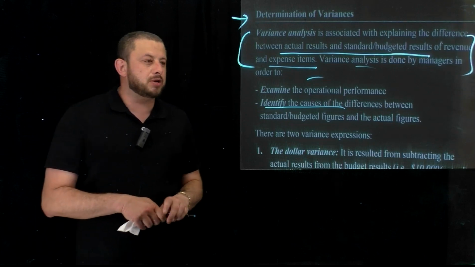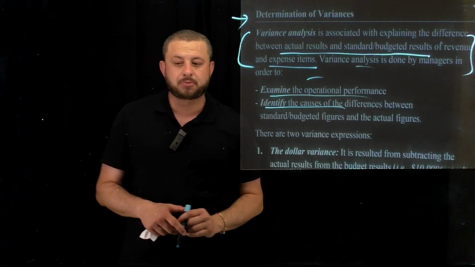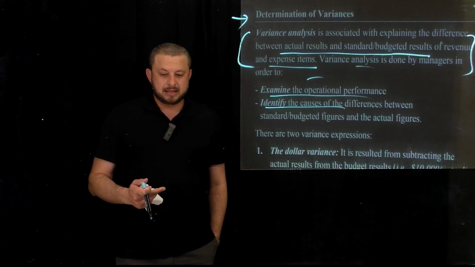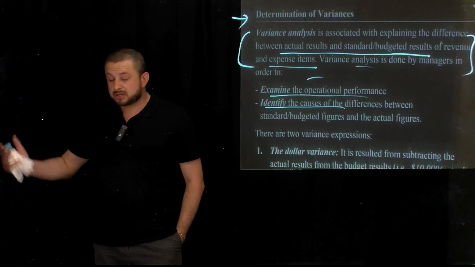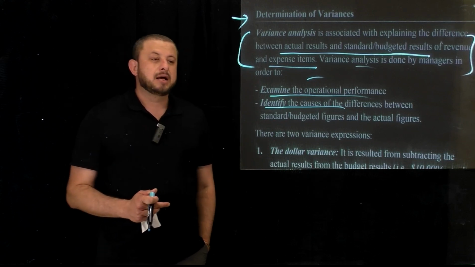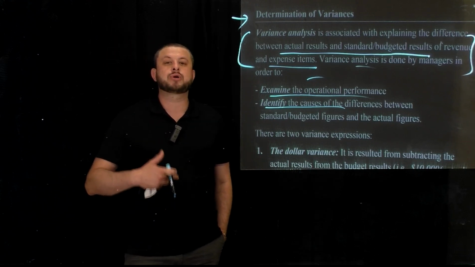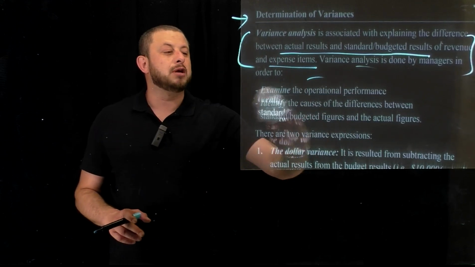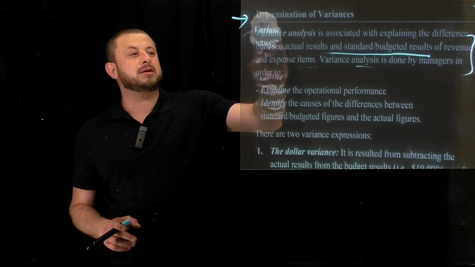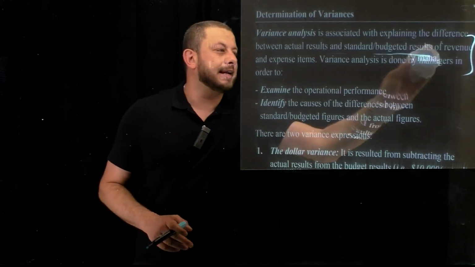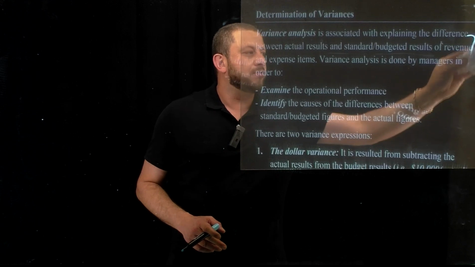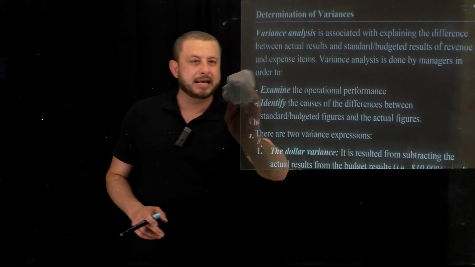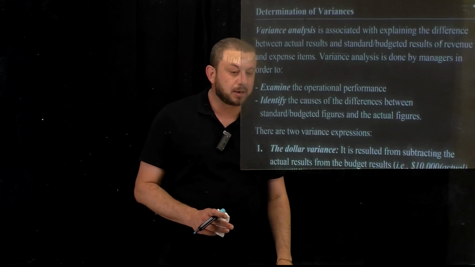Variance analysis answers these questions, and of course assesses the operational performance, finds the problematic areas, and leads to further strategic decision-making to fix the problems, okay? So it's a very, very useful tool for hospitality decision makers, and they utilize this, again, to compare the actual results with the budgeted results to come up with strategies, to analyze the problems and to fix the problems, okay?